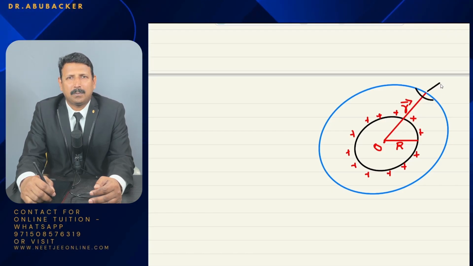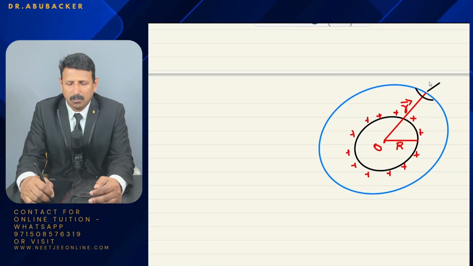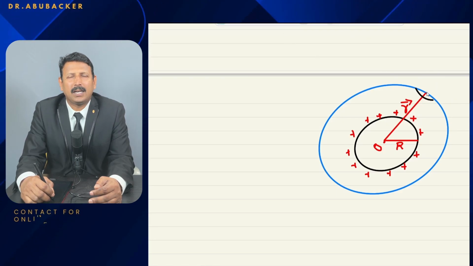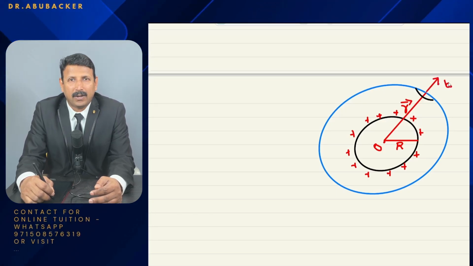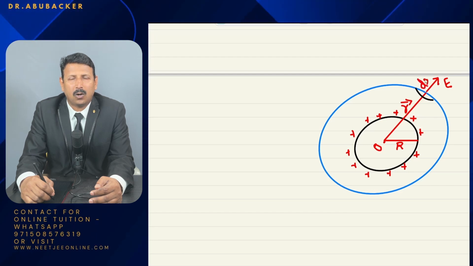At the point P, consider a small surface dS, and also mark the direction of electric field at the point P. Definitely that will be directed away from the shell, because positive charge is spread over the shell. Direction is always away from positive.